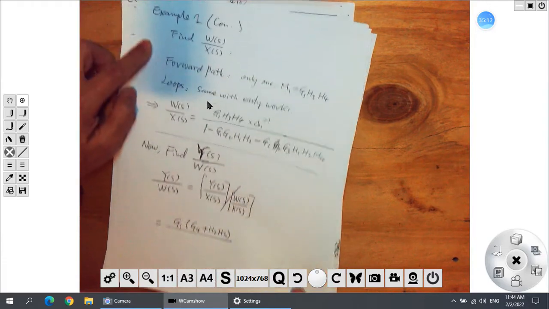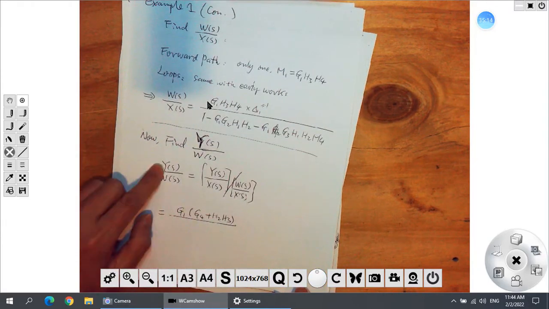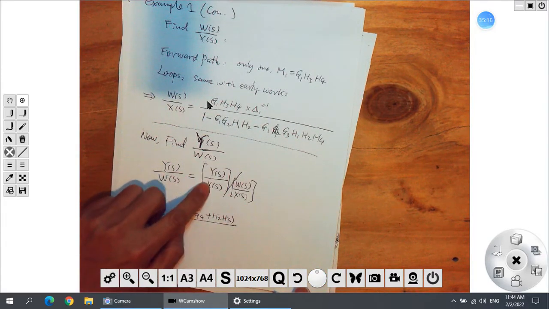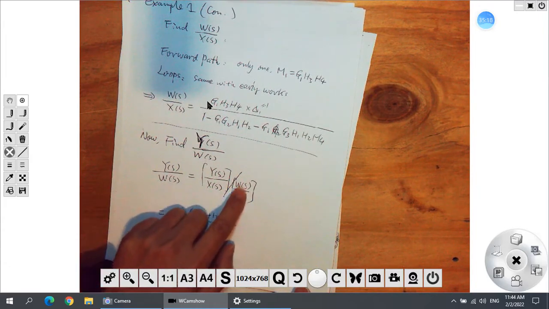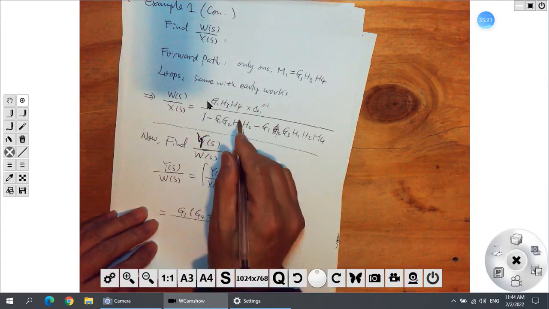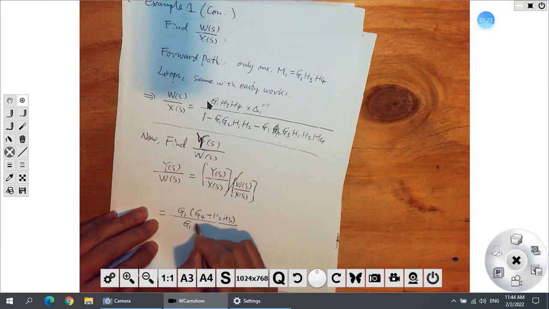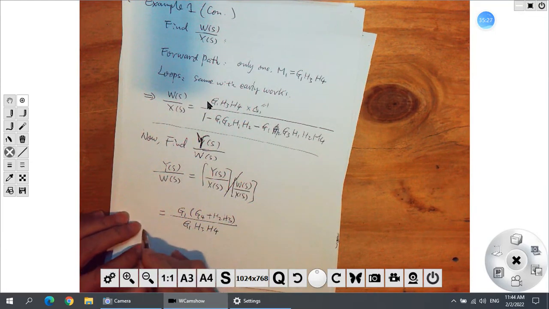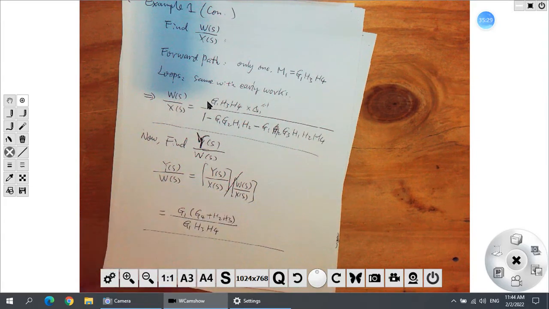I just copied it. And the numerator of w over x is here, so this is just G1 H3 H4. All right, so we have y over w.